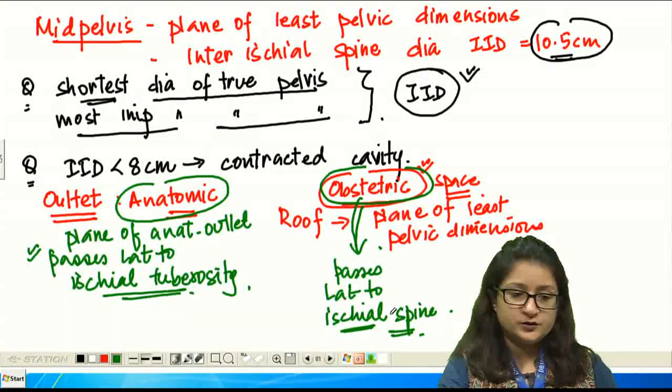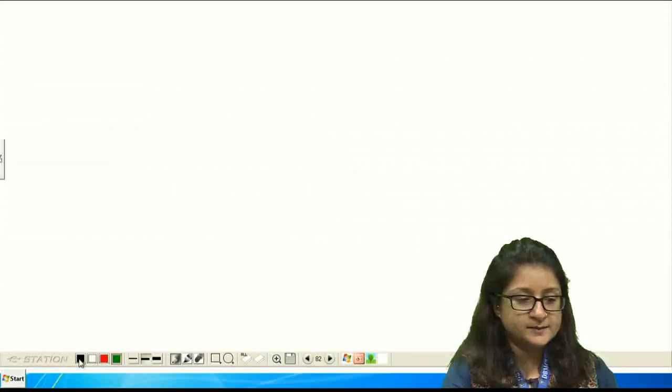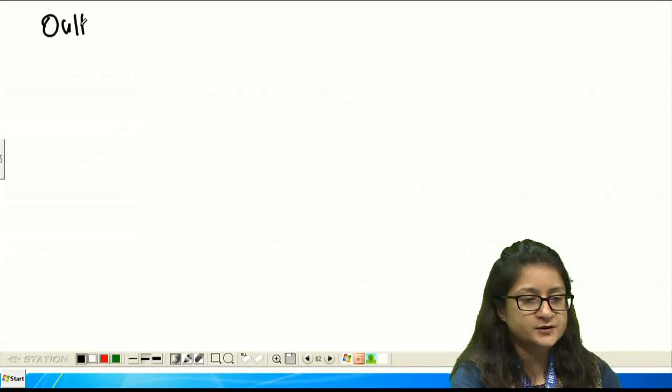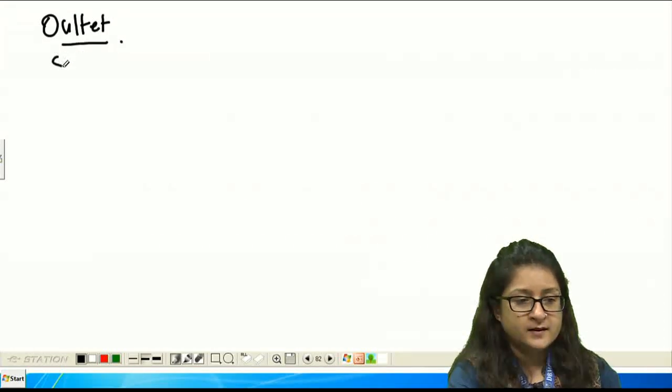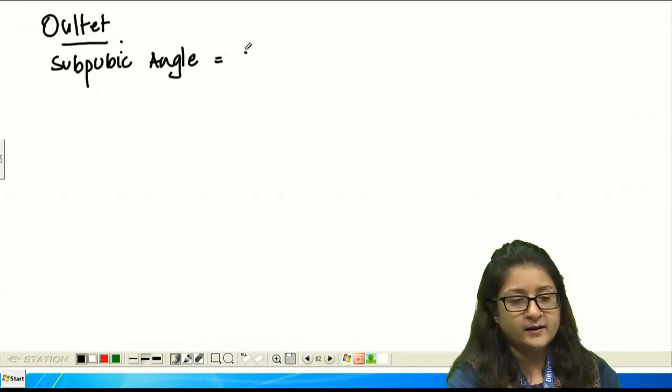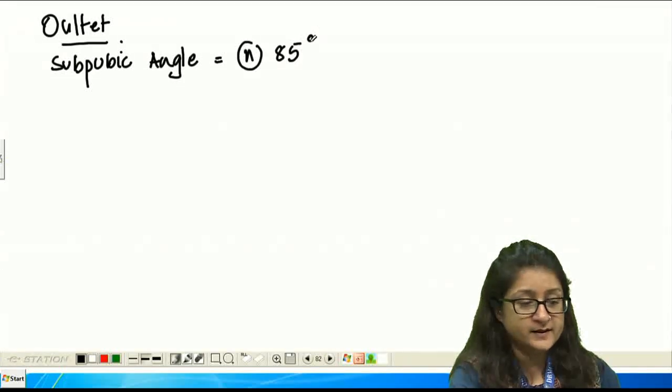Another important point to remember in the outlet: we are measuring the subpubic angle, which is normally about 85 degrees.